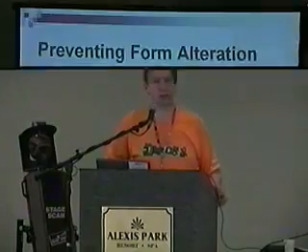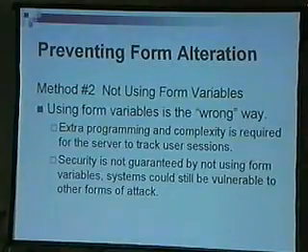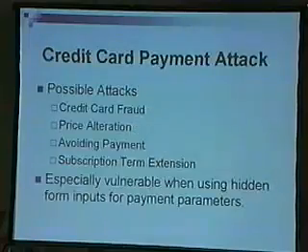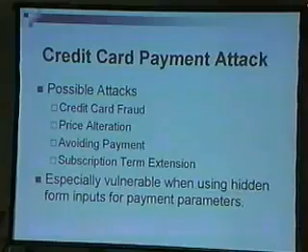The best way to do it is just not use form variables. They're just not the way to do it. It takes some extra programming to do it a different way, and unfortunately doing it a different way doesn't guarantee it's going to be any more secure. You really have to take security as a primary concern, especially since the business lives on this, their subscription content.